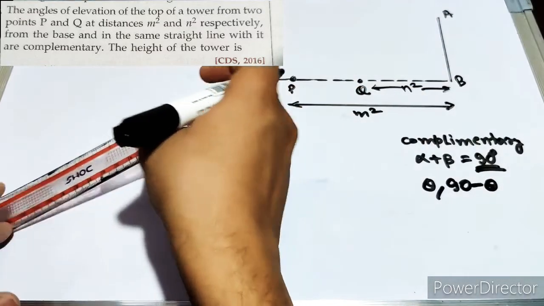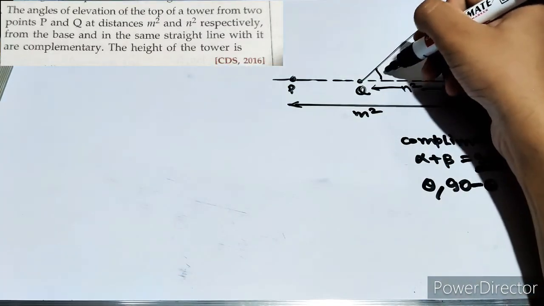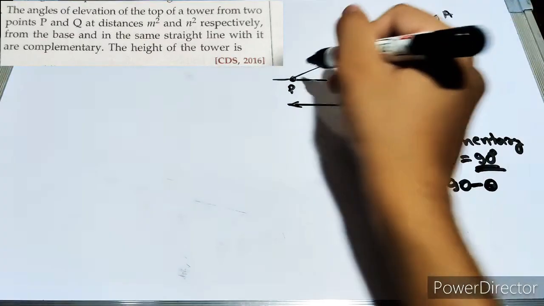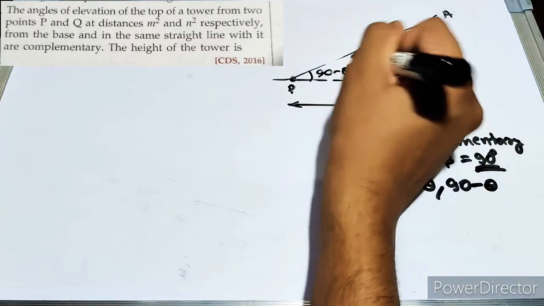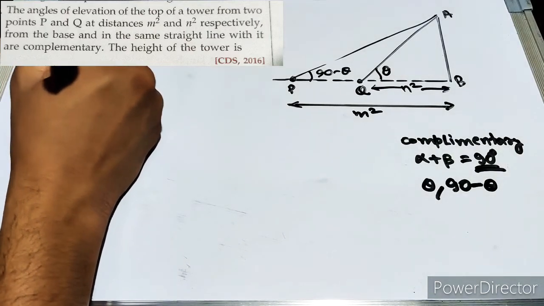Similarly here, let us assume the angle of elevation of one is theta, then the angle of elevation of the other will definitely be 90 minus theta. We have also assumed that m square is greater than n square, because they haven't specified anything. In both cases the answer must be the same, that is why they have not mentioned it. So now let us look at the solution.